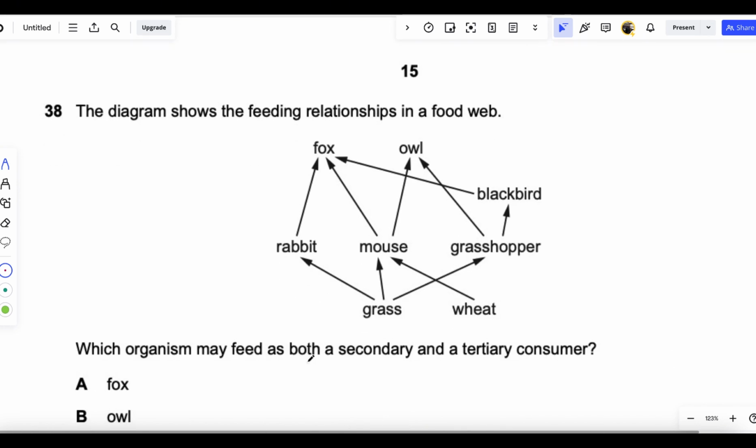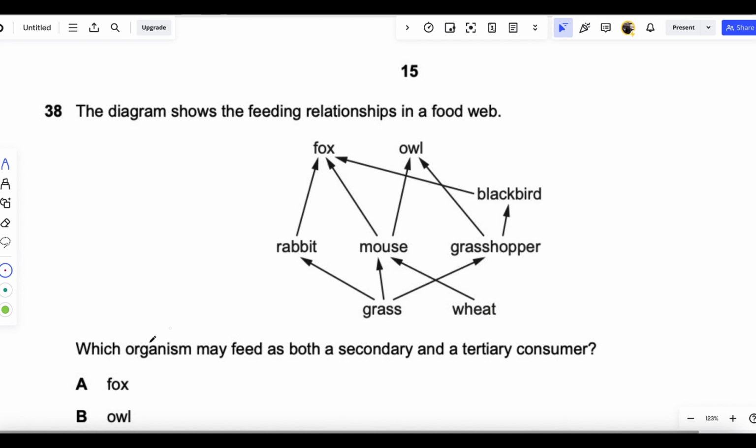The diagram shows the feeding relationship in a food web. So we have a food web. Grass is eaten by rabbit, eaten by fox. Grass is eaten by mouse, eaten by fox. Grass is eaten by mouse, eaten by owl. Grass is eaten by grasshopper, eaten by blackbird. Grass is eaten by grasshopper, eaten by owl. Wheat is also a plant. Wheat is eaten by mouse, eaten by fox.